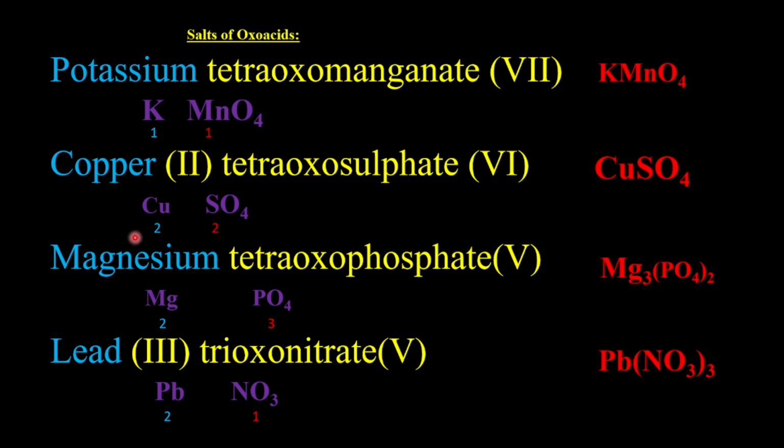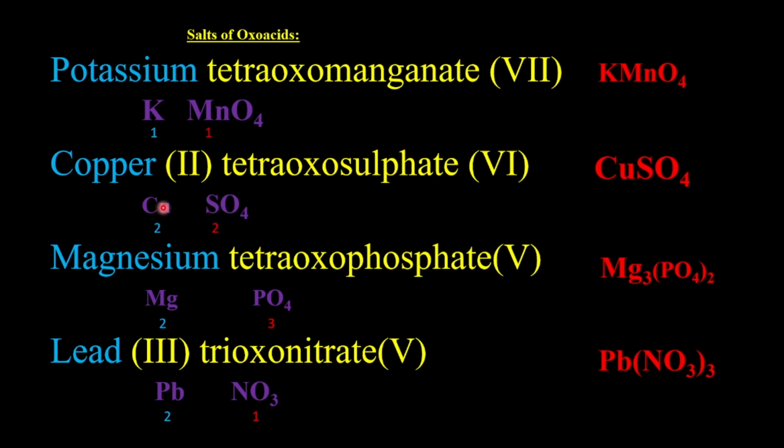KMnO4. Now when you take copper 2, so per the name copper 2, which indicates that copper has a charge of 2. So let's look at that of the radical, which is tetra, which is 4 here. Oxo, that is oxygen here. Sulfate, and that is what we have over here.